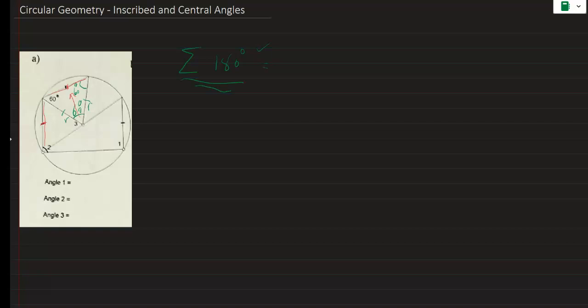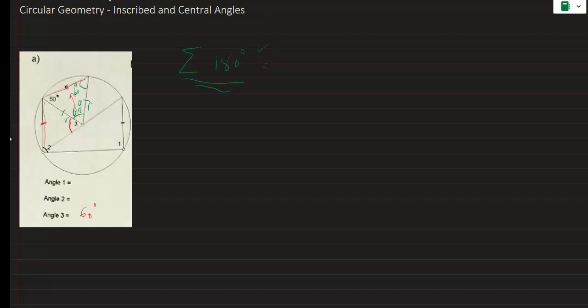That means that these two angles, the 60 degrees and angle 3, must equal each other. So angle 3 is 60 degrees. Very simple. Angles that are opposite equal chords are equal to each other as well.